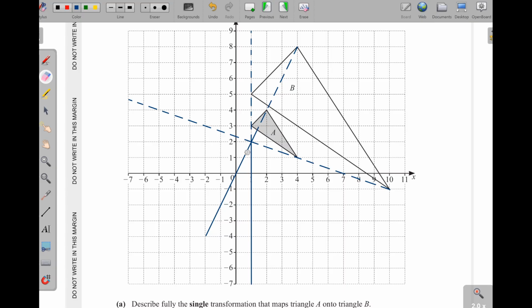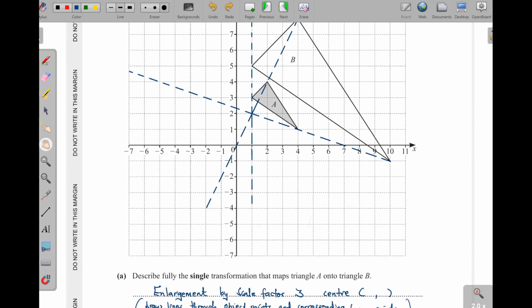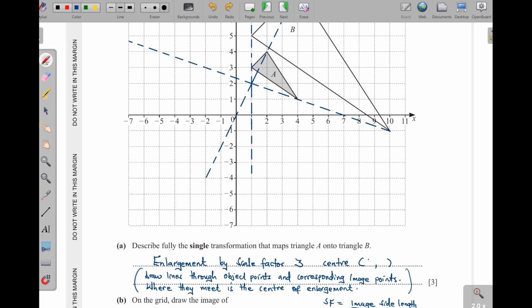Now we can easily see that these lines have met at this point here, which is (1, 2). So the center is going to be (1, 2). So that is what we are supposed to have: one mark here for enlargement, the scale factor is 3, and the center (1, 2).